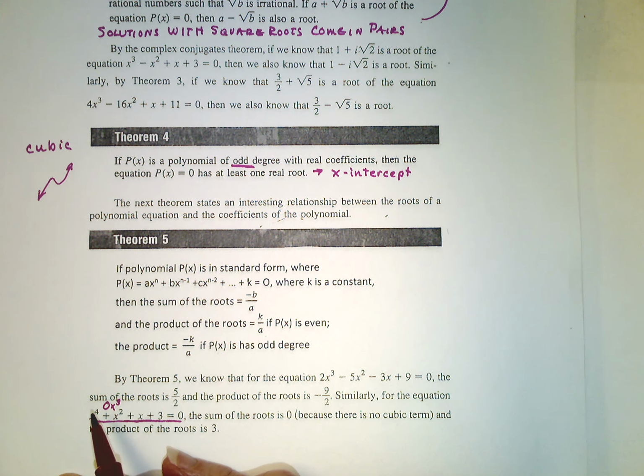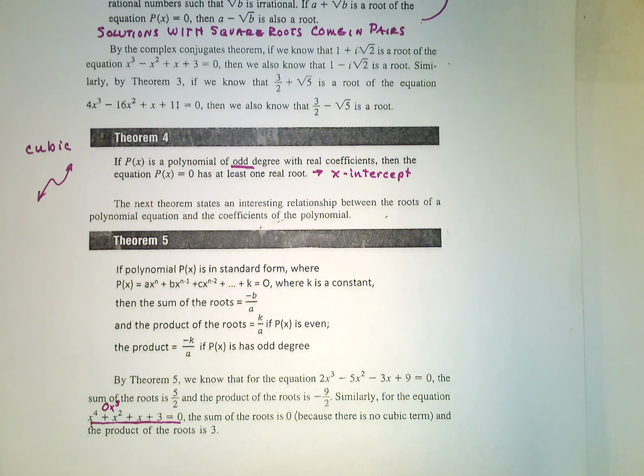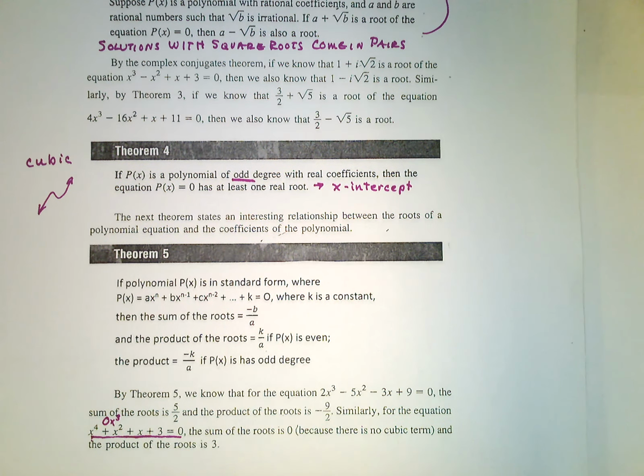It's an even degree function with highest power of 4. So the product of the roots is just going to be whatever the constant is divided by the leading coefficient. So these look intimidating at first, but they're pretty easy actually, and as I said, you do know most of them already.